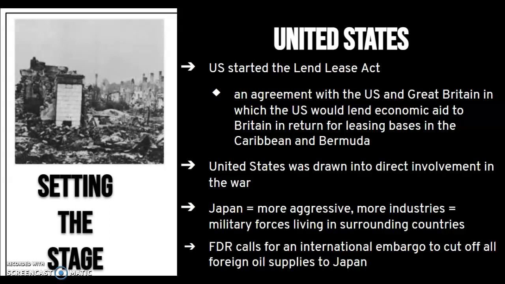This leads Franklin Delano Roosevelt to call for an international embargo or a prohibition of trade with Japan, with a focus on foreign oil supplies, with the hopes that this would slow Japan's aggressiveness down. However, that plan does not work. In return, in 1941, Japan attacks Pearl Harbor in Hawaii in retaliation for the embargo.